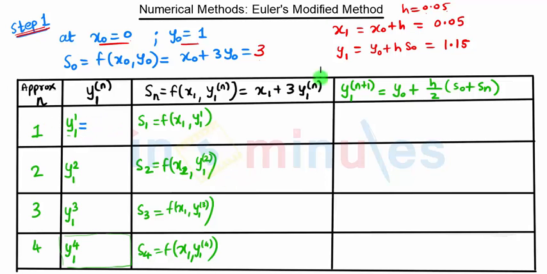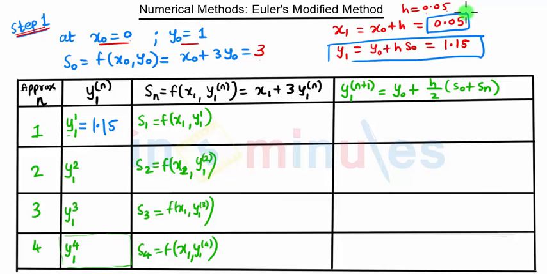This y1 will be this value, that is 1.15. So we have the value of x1, which is 0.05. So we put this value of x1 here, that is 0.05 plus 3 into y1 of n. Here n is 1 in first row, so that is this value. If we calculate, this value turns out to be 3.5.